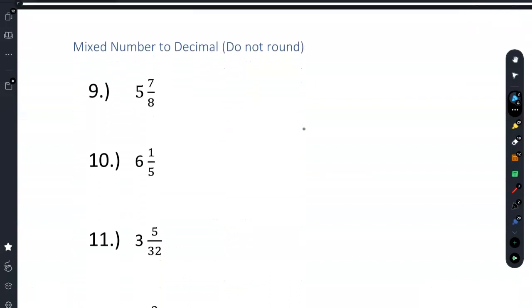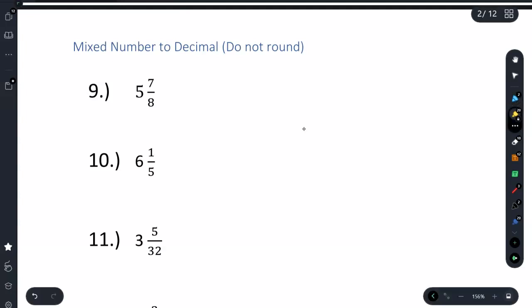Okay, so with this next set of questions, we have mixed numbers, and I want to convert this mixed number to a decimal. So this one's a little bit trickier. In this first one, I have a whole number, which is 5, and then I have a fraction, which is the 7/8 part. If I'm going to convert this, the whole number is not going to change.